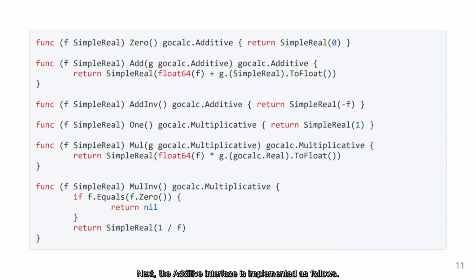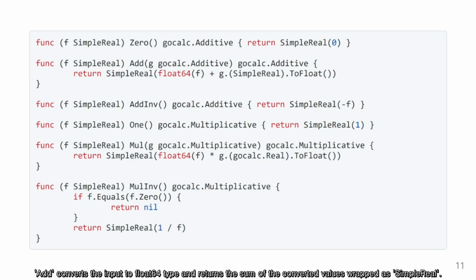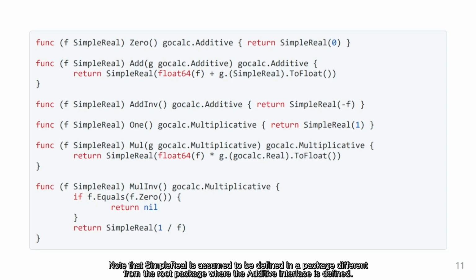Next, the additive interface is implemented as follows. First, 0 wraps the value 0, which is of float64 type, with simple real and returns it. Add converts the input to float64 type and returns the sum of the converted value wrapped as simple real. Note that simple real is assumed to be defined in a package different from the root package where the additive interface is defined.